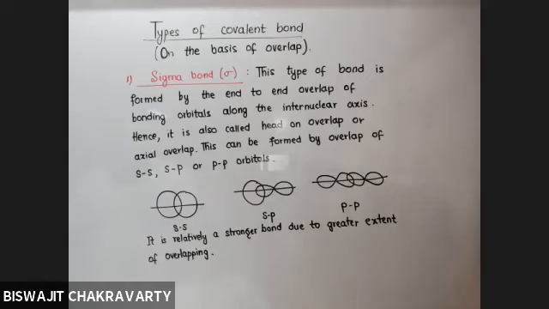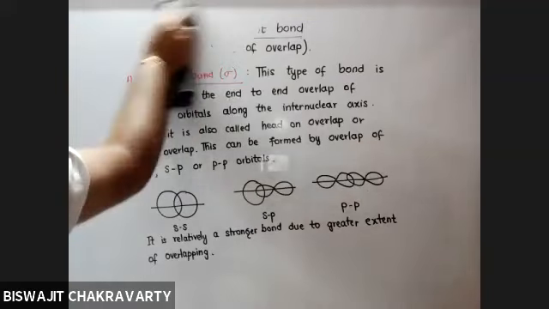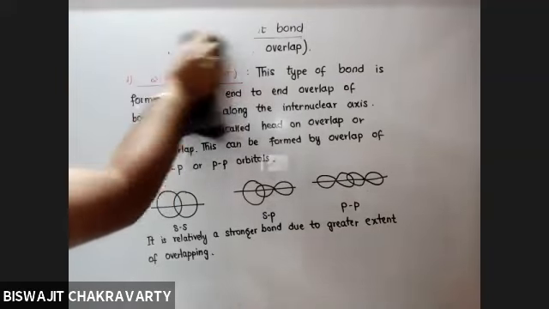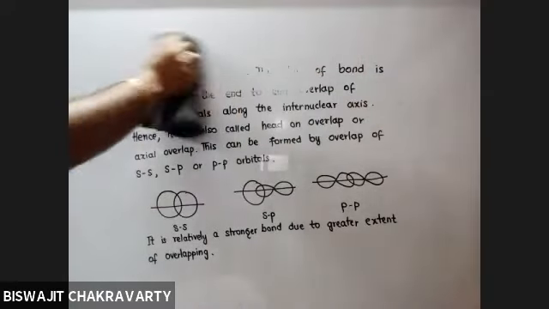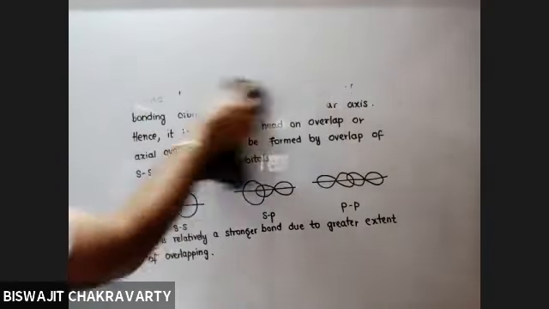Okay. Yes, sir. So then we move on to the second type, that is pi bond.